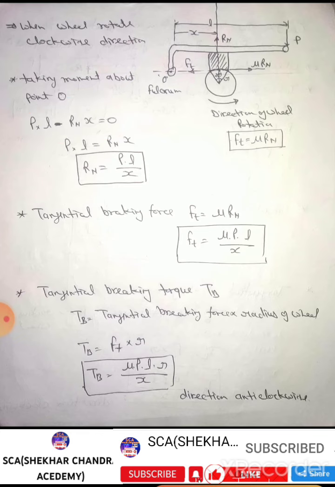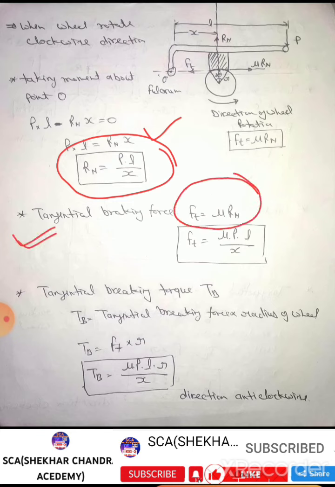Now we can simplify as P into L equal to Rn into x. Here we can obtain the normal reaction Rn as P into L upon x. Now tangential braking force is Ft equal to mu Rn.